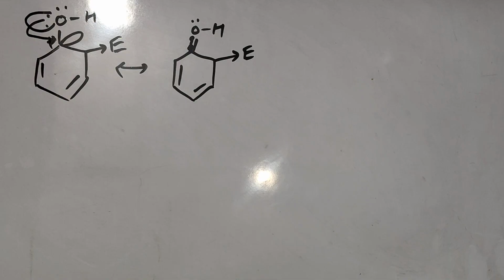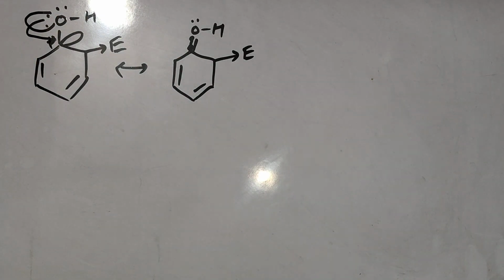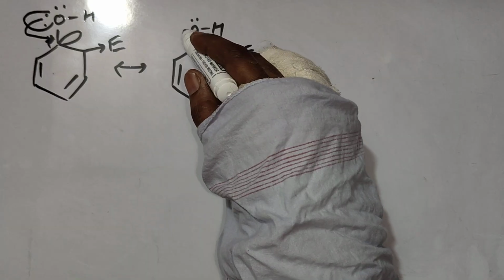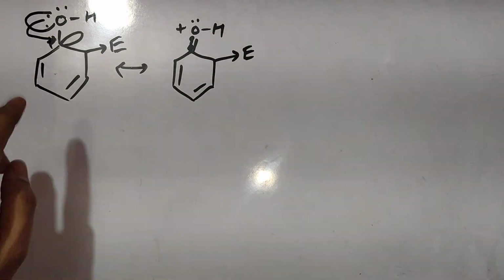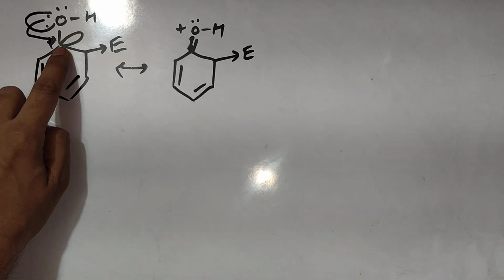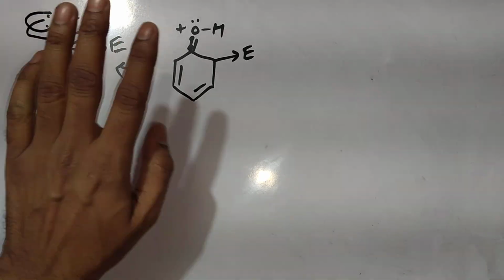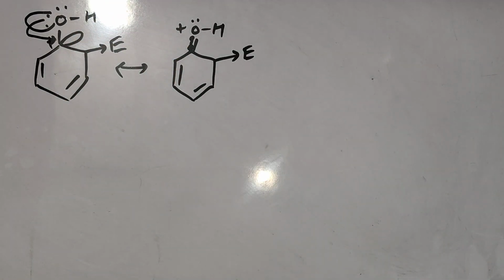Now because one electron has transferred toward carbon, the positive charge of carbon will finish, but the positive charge will come on oxygen. No problem, but somehow we managed to reduce the positive charge of the carbocation. This means this way is increasing the stability of the carbocation. Okay, will it be permanent?